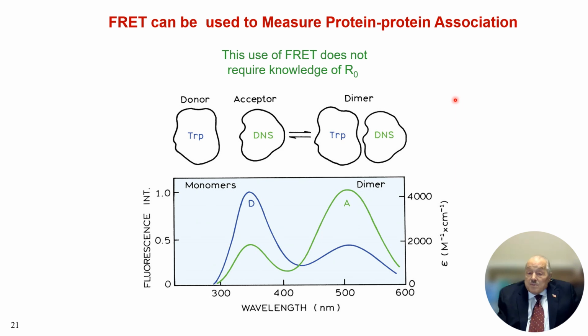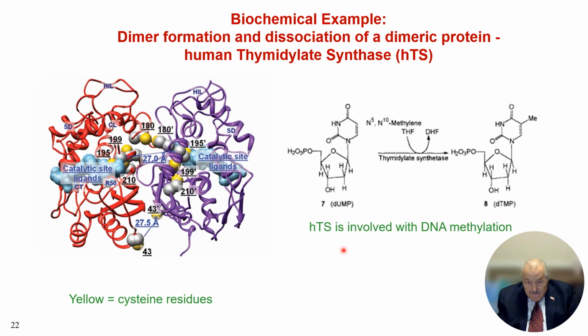You can also use the energy transfer to measure protein associations. And this is nice because it's sort of a wavelength ratiometric thing. So you have a donor and acceptor labeled protein, and if they dimerize, the donor goes down, the acceptor goes up. If they dissociate, it's the other way around. Donor goes up, the acceptor goes down. So let's look at an actual example of this.